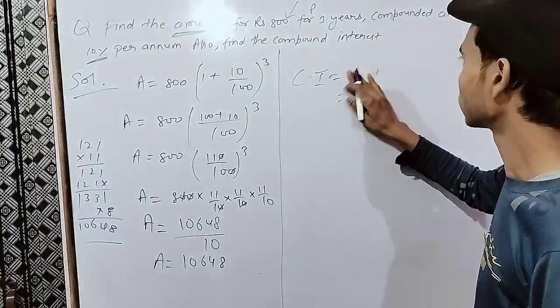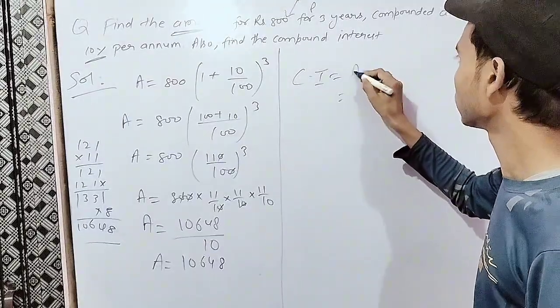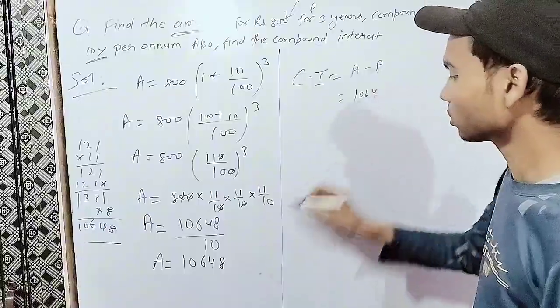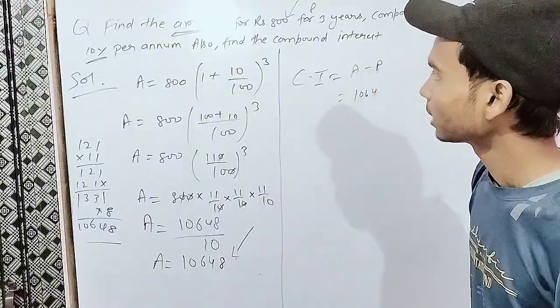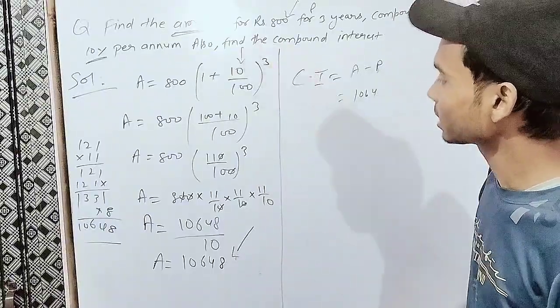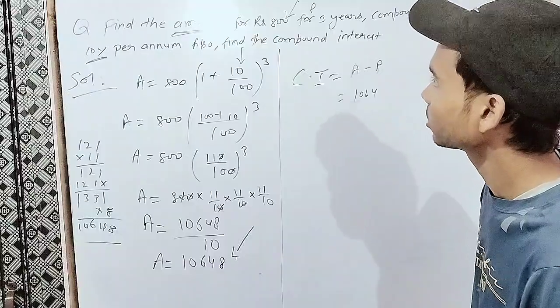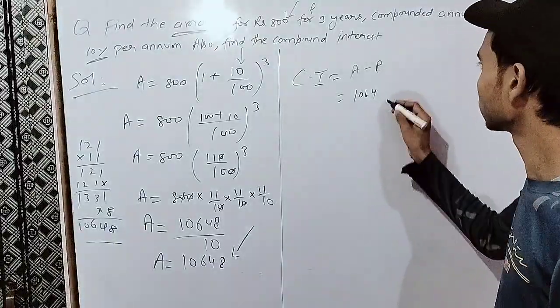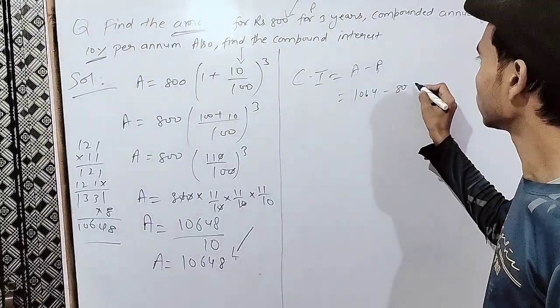The amount will be bigger, because here the interest of 10% was applied. Principal is 800.